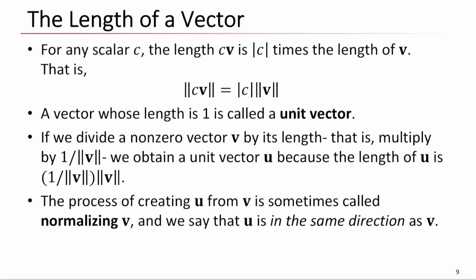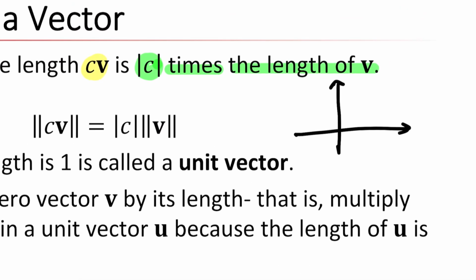Okay, and then for any scalar c, the length of c times vector v is equal to the absolute value of c times the length of v. Let's say we have an arbitrary vector v in 2D space, the R2 space. The vector v is here.